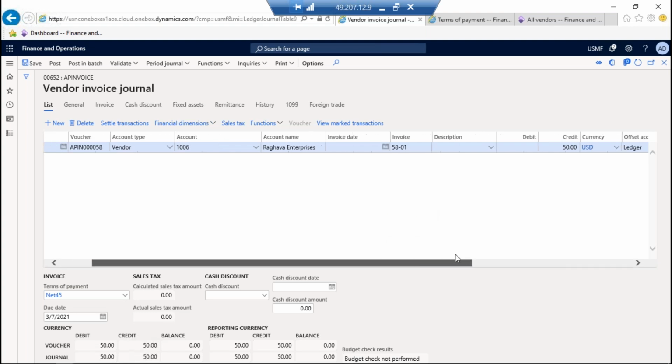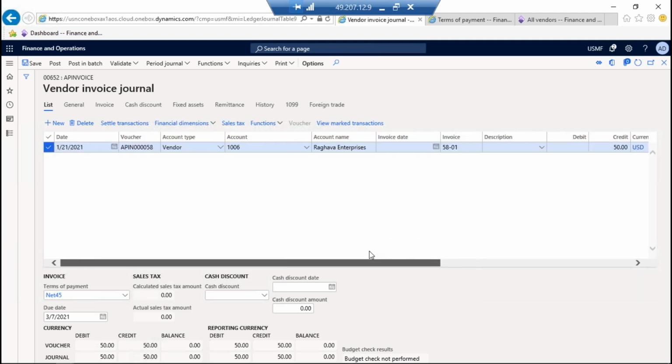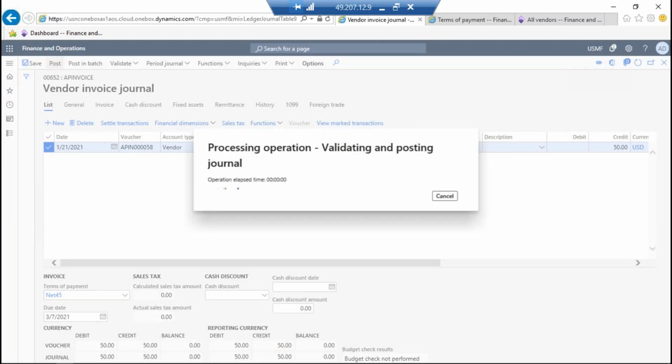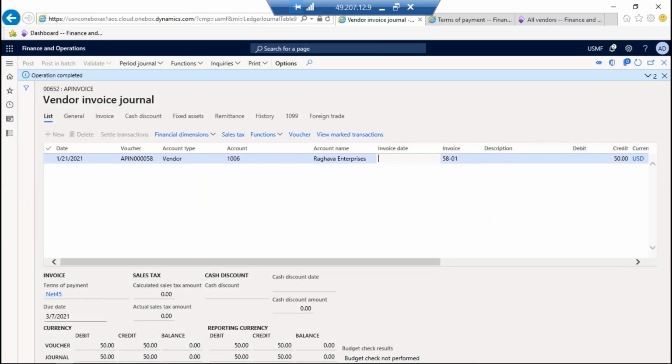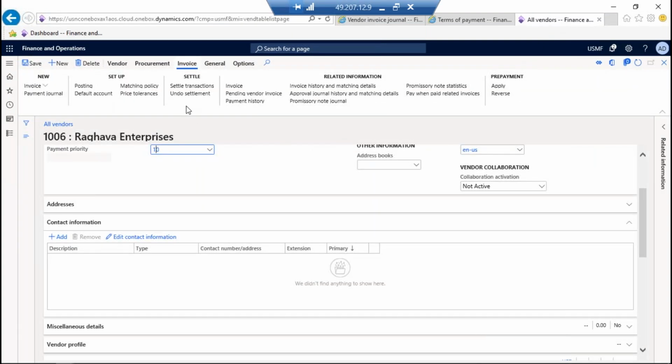Welcome. Now you can post a transaction. So I'm skipping this invoice date. I'm posting. Yes, system will allow me. Okay, so due date is updated. If you go to the transactions, like all vendors and transactions, you can see that information.